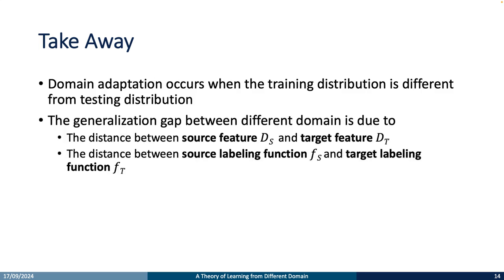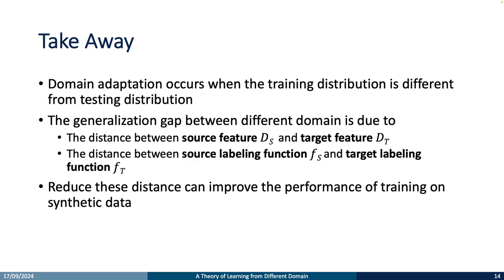When domain adaptation occurs, the generalization gap between the two domains is caused by differences in features and labeling functions. There is a distance between the source feature distribution, ds, and the target feature distribution, dt. Similarly, there is a distance between the source labeling function, fs, and the target labeling function, ft.